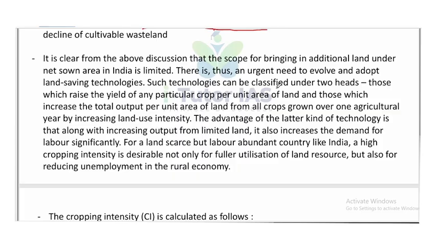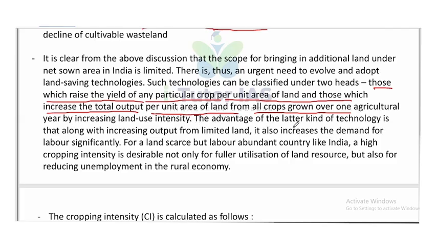Such technologies can be classified under two heads: those which raise the yield of any particular crop per unit area of land, and those which increase the total output per unit area of land from all crops grown over one agricultural year by increasing land use intensity.